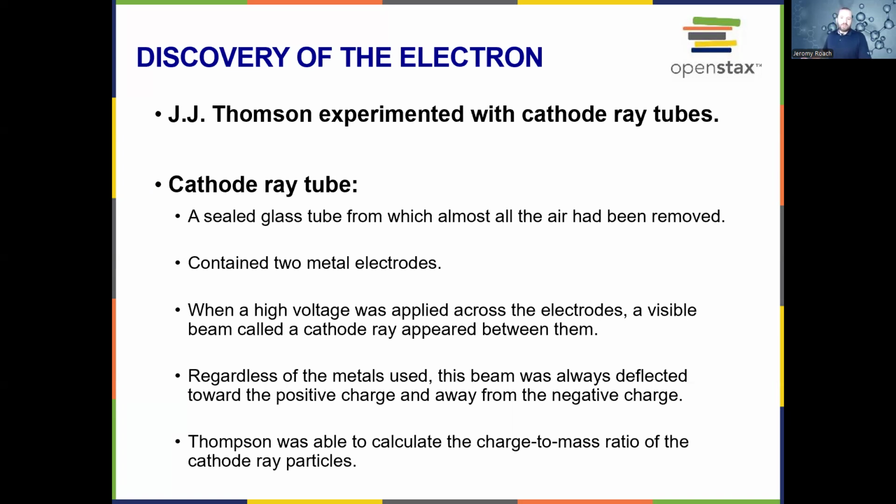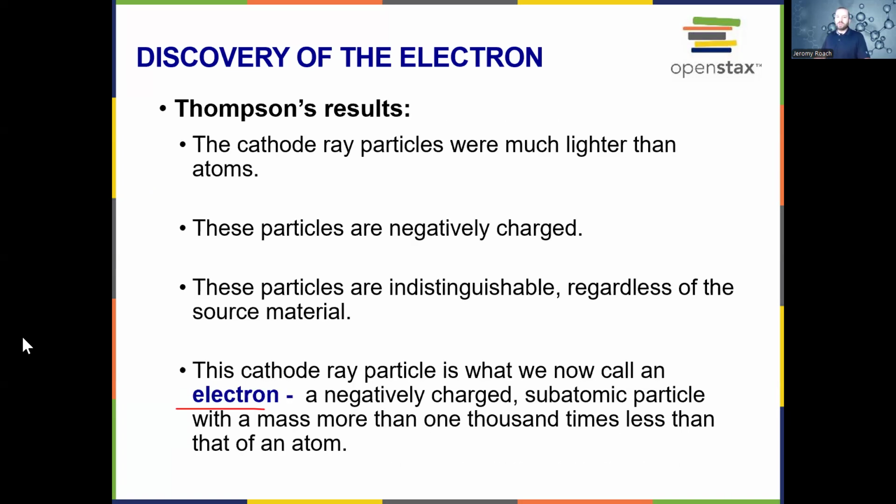So Thomson was able to calculate the charge to mass ratio of these cathode particles. And what he found was that these ray particles were lighter than atoms and that they were also negatively charged. Essentially, he found electrons.